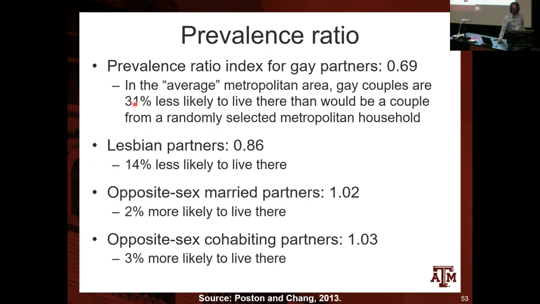But then when we see this 31% less likely to be in those metropolitan areas than a randomly selected metropolitan household, and here 14% less likely, it's showing that gay partners and lesbian partners tend to segregate in specific metropolitan areas across the country. They are not so randomly distributed as opposite sex married partners and opposite sex cohabiting partners.